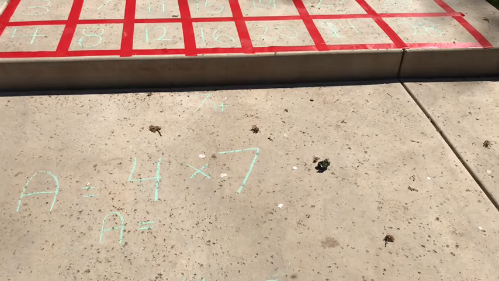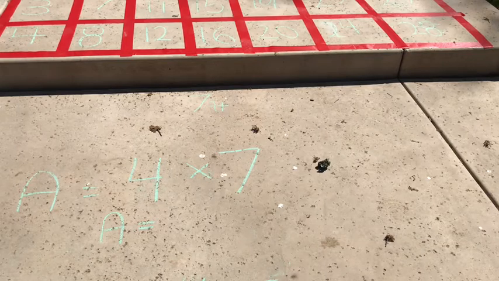Since we've been learning a lot about our math facts and we've had a lot of practice with our times tables, I'm going to give you guys a second to think about this one. What's 4 times 7? All right, cool. Well, just in case, I'm going to go over it too.